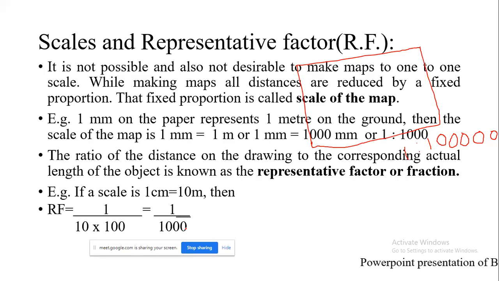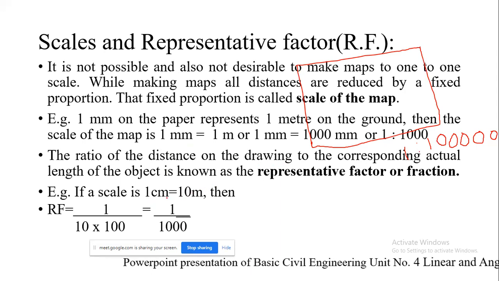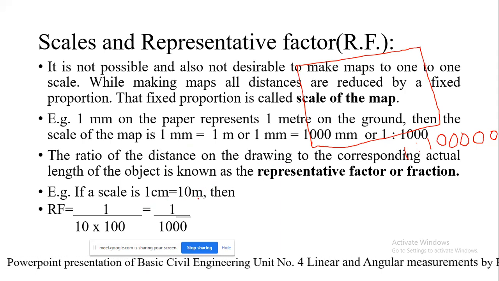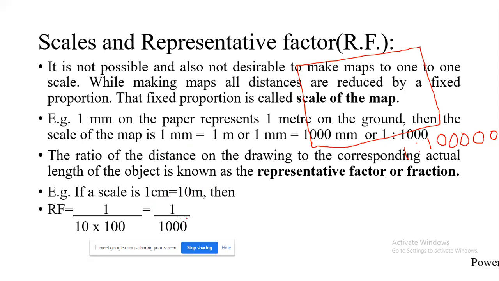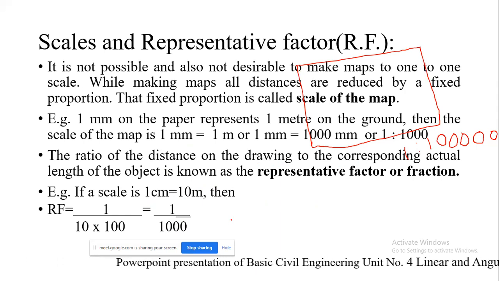That will be your representative factor. Scale means when the unit is located on both sides, and when only the values are given, like 1 as to 2, that is your representative factor.